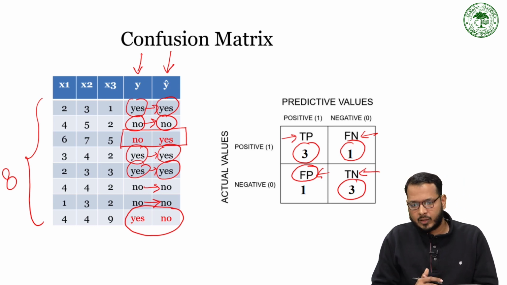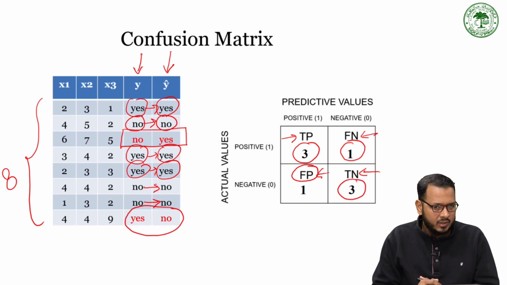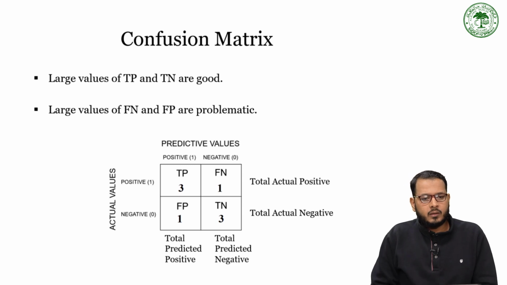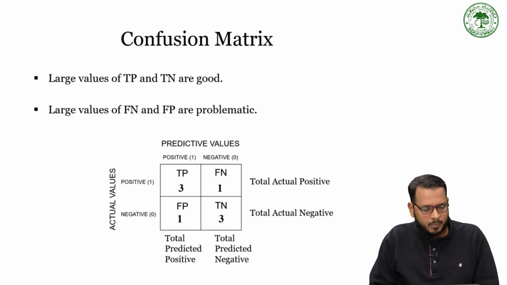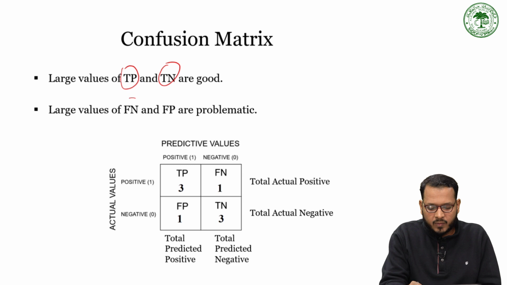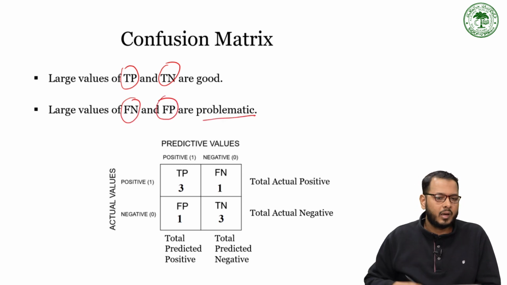But depending upon the application, in some specific cases, our focus shifts toward false positive and false negative values. We will see some of those examples. About the confusion matrix, large values of TP and TN are good, and large values of FN and FP are problematic and we should avoid them.